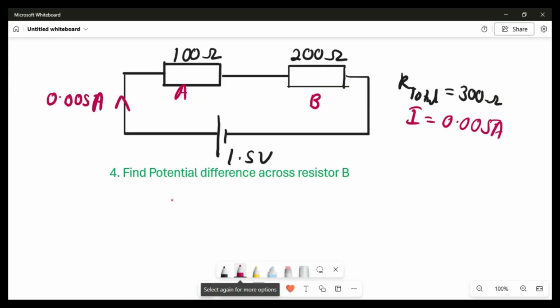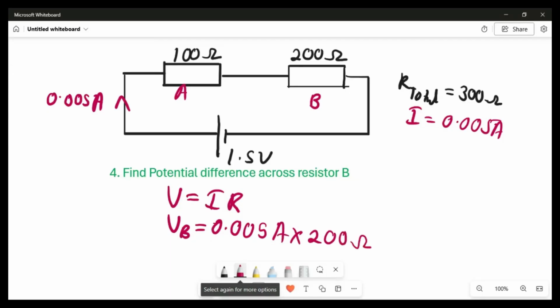So let's apply Ohm's law there. V equals IR. So the current is 0.005 ampere. The resistance is 200 ohm. So the answer is 1 volt. So the potential difference across the resistor B is 1 volt.